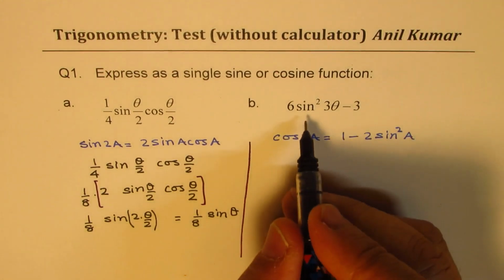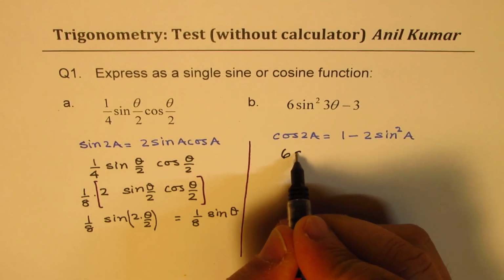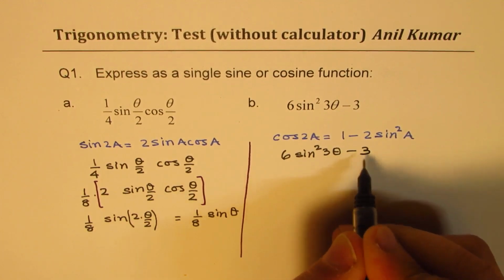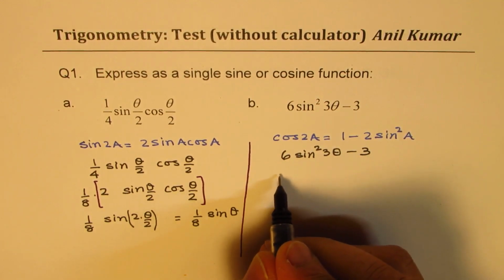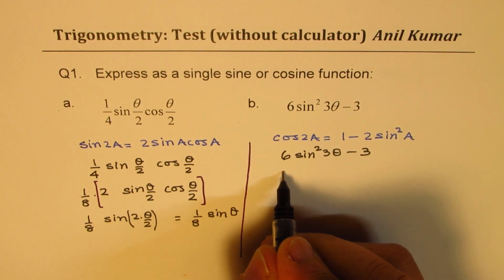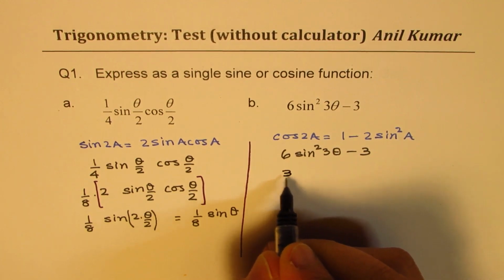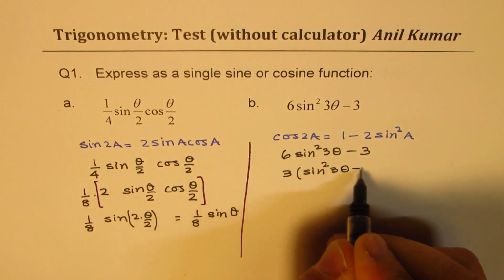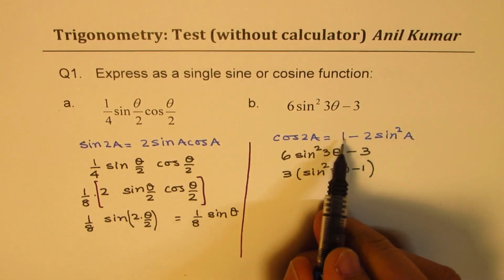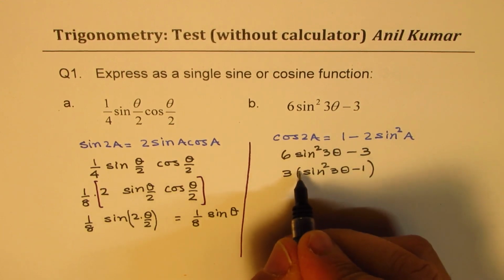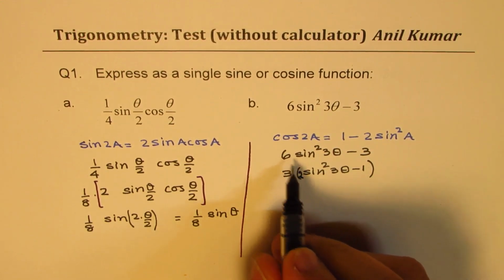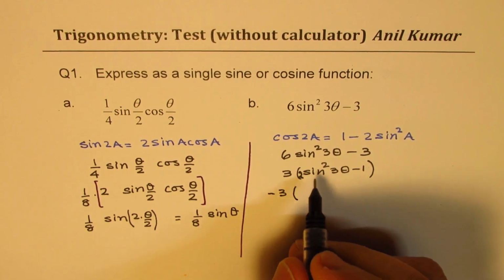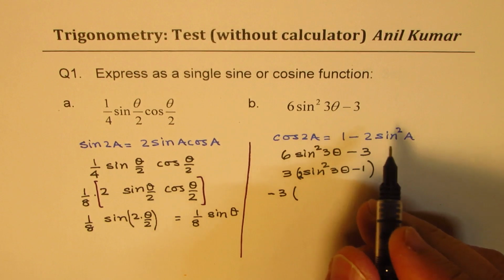Second, part B, let's rewrite the question. 6 sine square 3 theta minus 3. So we can take 3 common. So sine square 3 theta minus 1. But here you see 1 minus 2. I'm sorry, 2 times, right? Because 3 times 2 is 6. So if I make it minus 3, then we get exactly how it is written here.